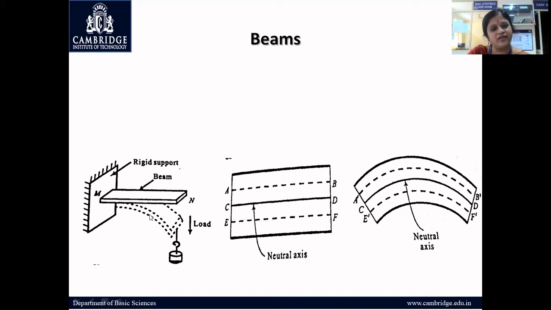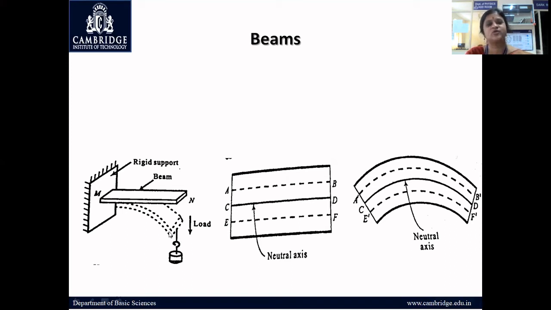So when I apply the load, when the beam is bent at one end or both the ends, its layers get strained. Now in these layers, one layer will be there whose dimension will not change upon applying the load.